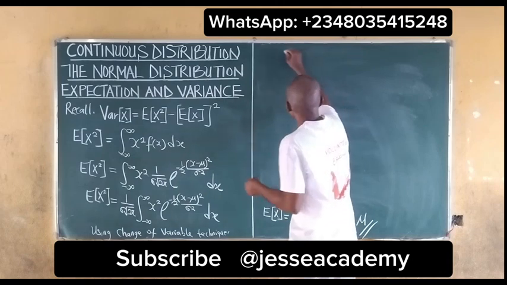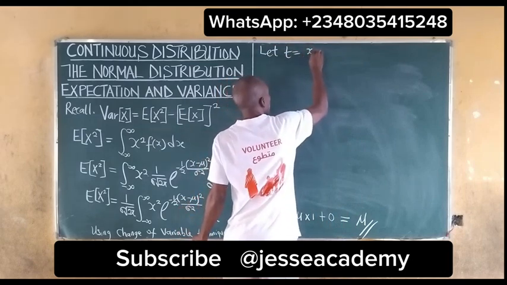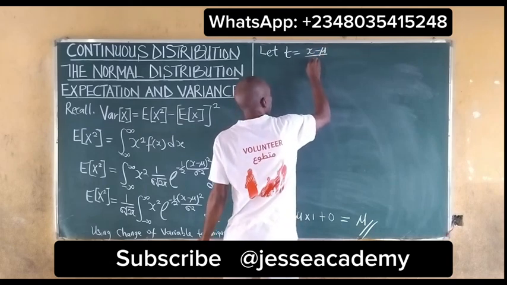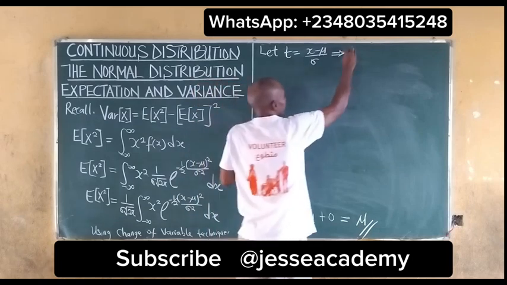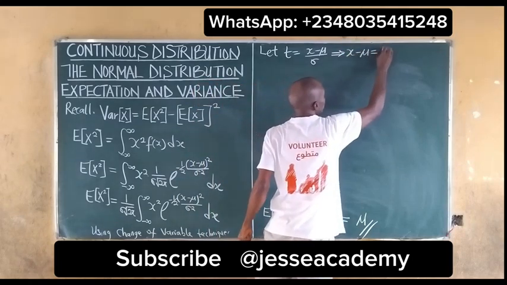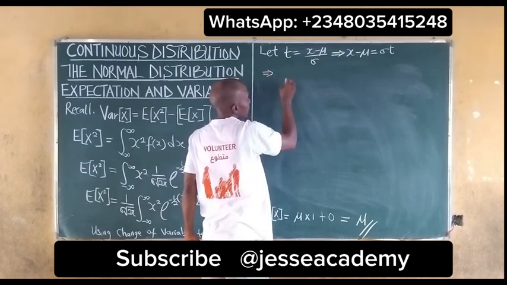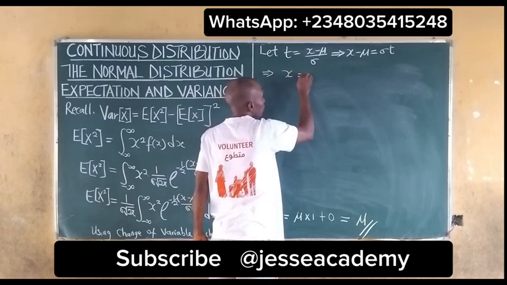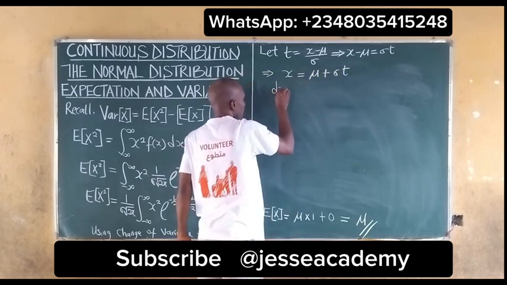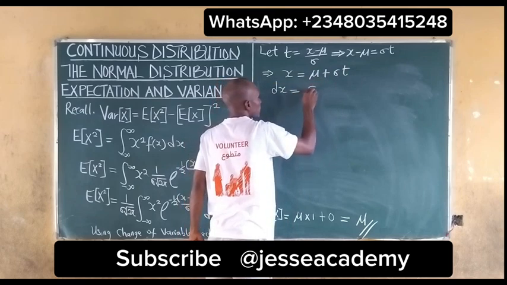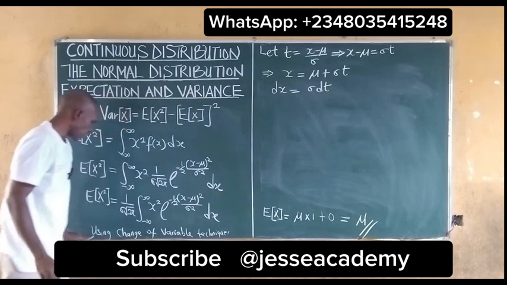So, moving over to this side, we let t be equal to x minus mu all over sigma, which implies that x minus mu is equal to sigma t, which also implies that x is equal to mu plus sigma t, and dx is equal to sigma dt.